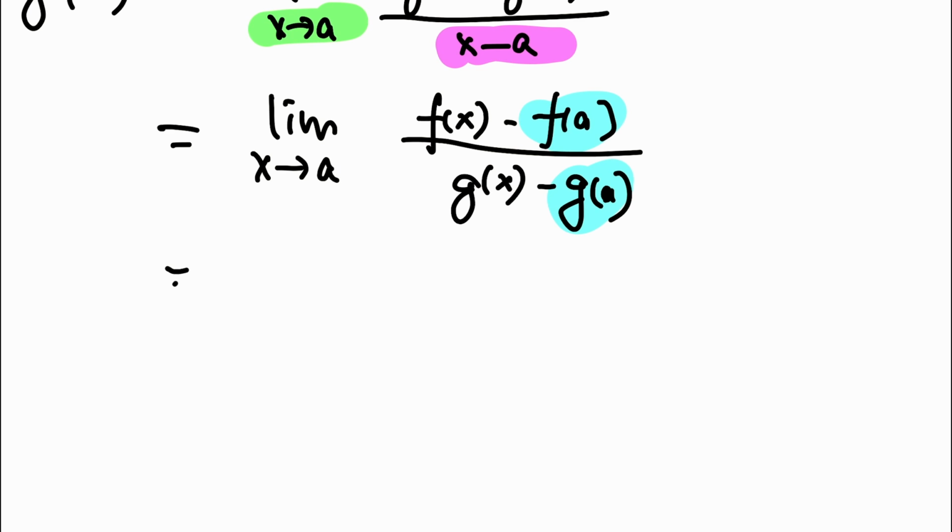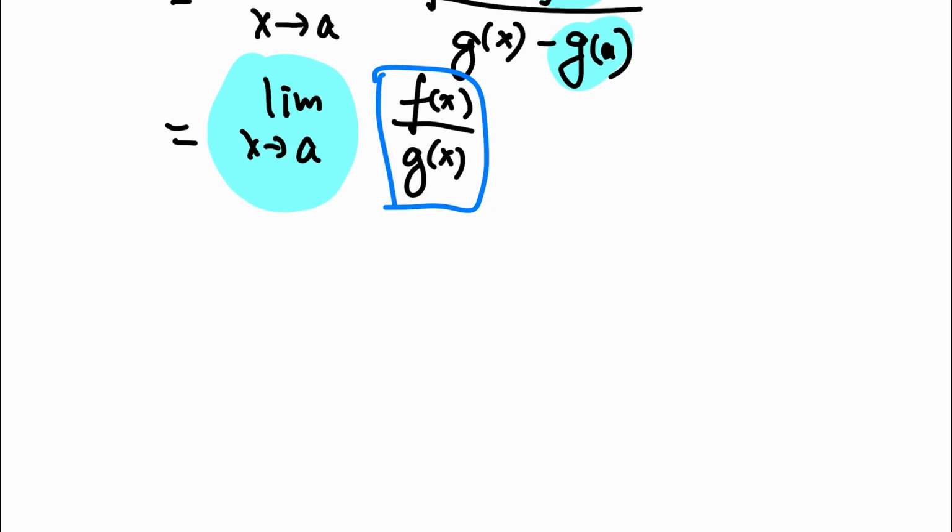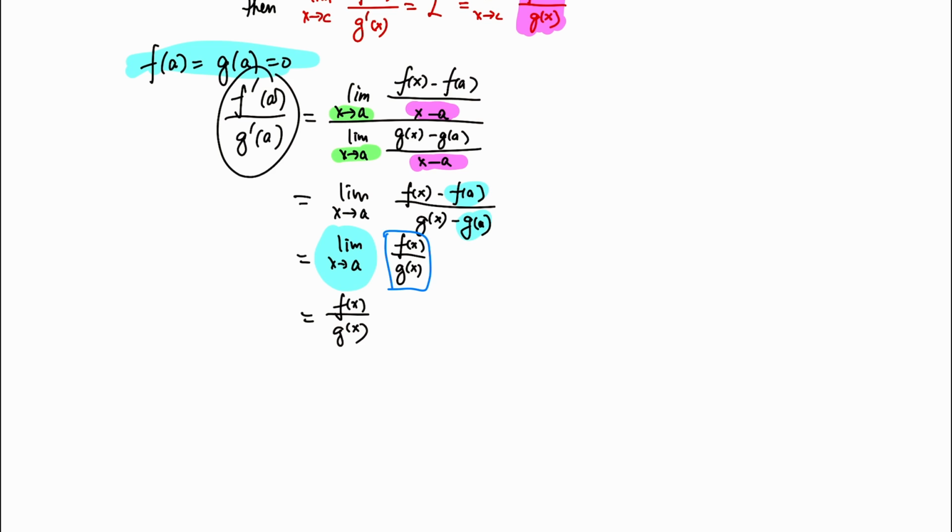What we have over here is just the limit as x approaches a of f of x over g of x. However, there's no a involved in this thing, so over here, you might see what we are going with. This thing doesn't exist really because there's no a involved in the expression here. So what we have here is just equal to f of x over g of x. So this expression remains true.